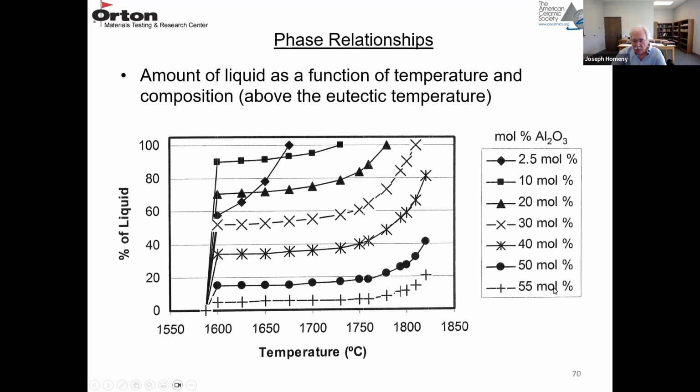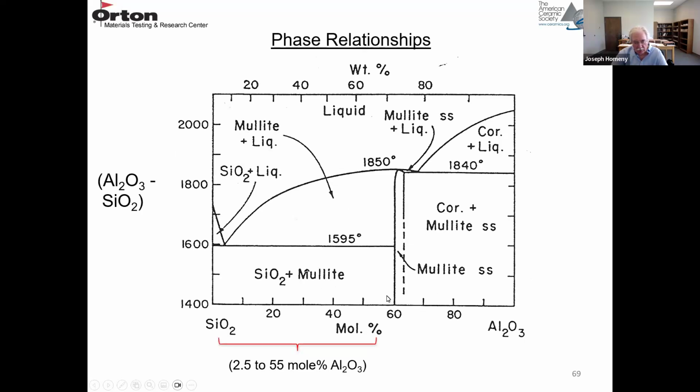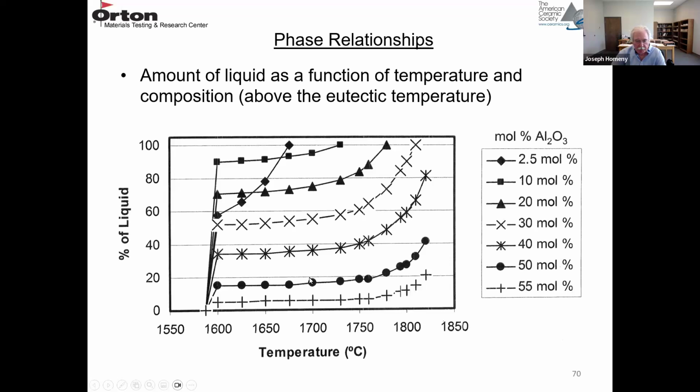So at 55 mole percent alumina, and that's over here, close to mullite, you can see how little liquid develops, and then it starts to increase to 20% above 1800. But as we drop the alumina, here's 50 mole percent, there's more liquid present.